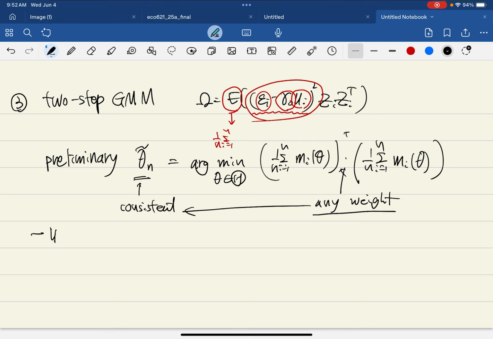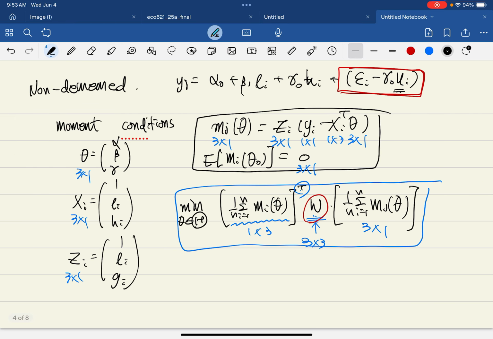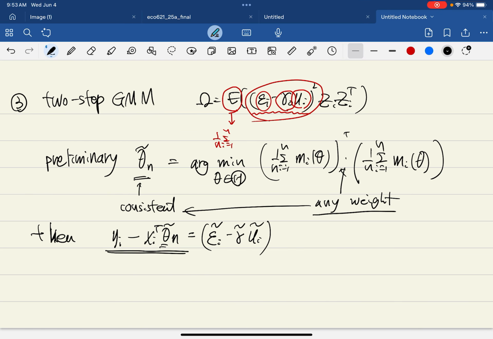Then I will calculate y_i minus x_i prime theta tilde. The preliminary estimator will give you something like this, right? So the residual from this one, assuming that theta tilde is consistent, basically estimates this part, which is epsilon minus gamma u.